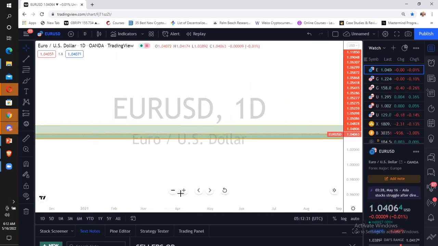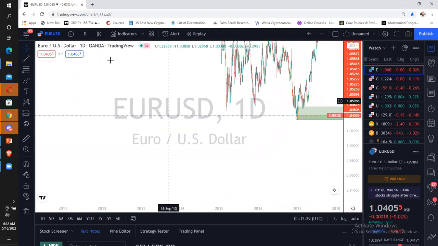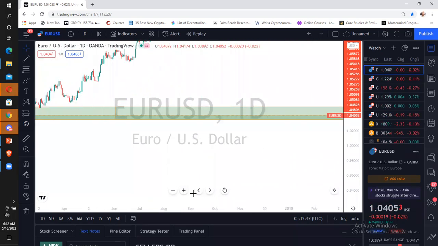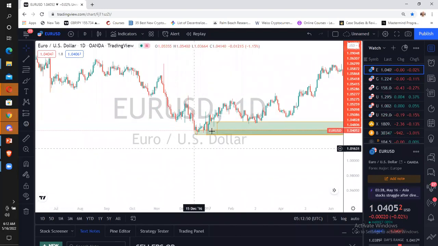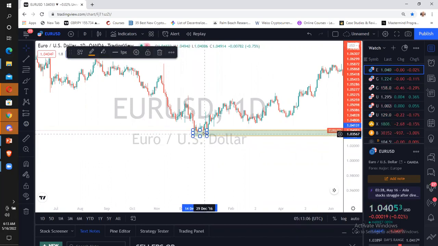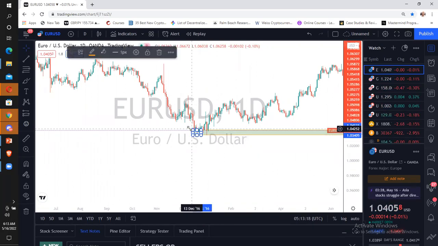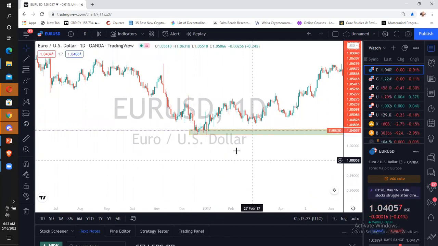Zooming out to see the chart properly. Zoom in. To see a flush below this liquidity here.